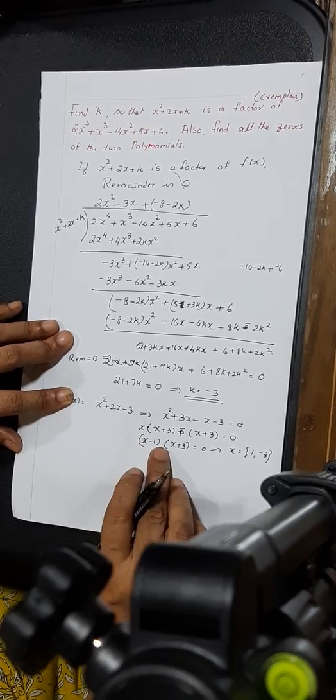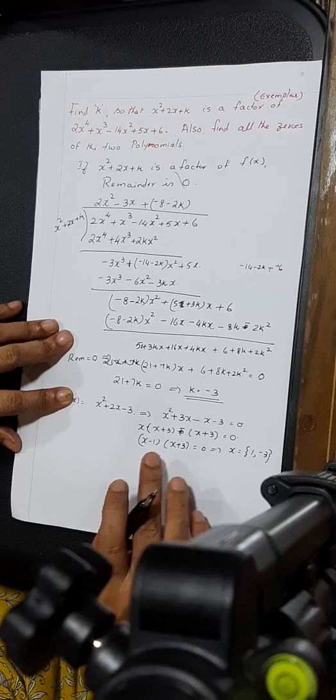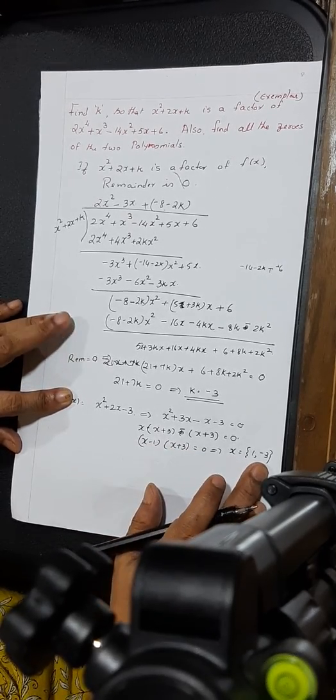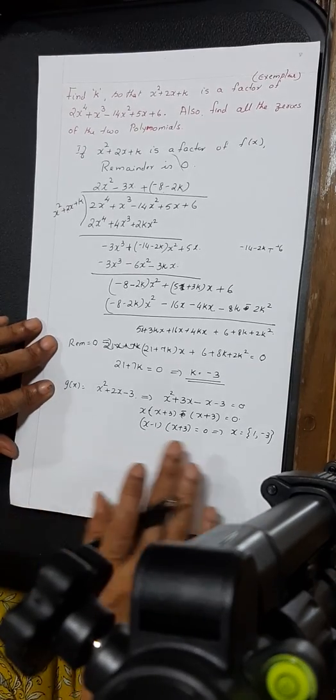You equate it to 0. So you get both as factors. So we have got 2 zeros.